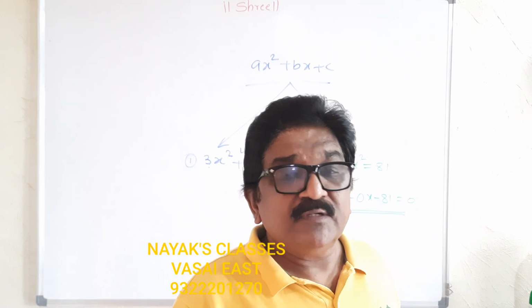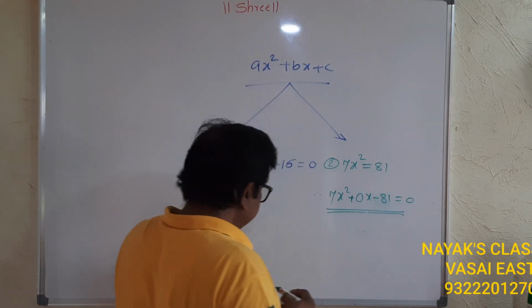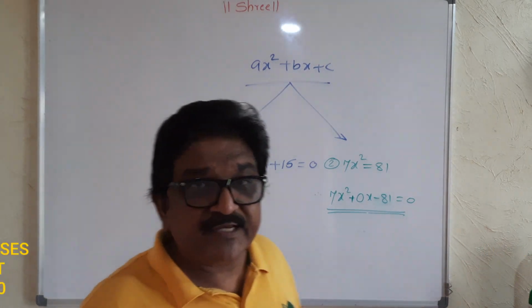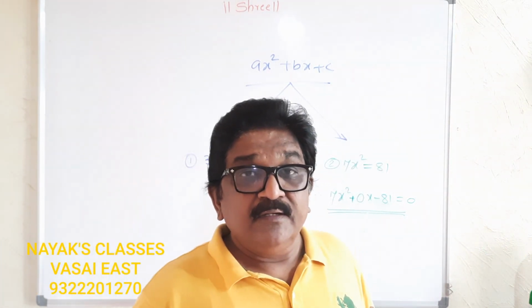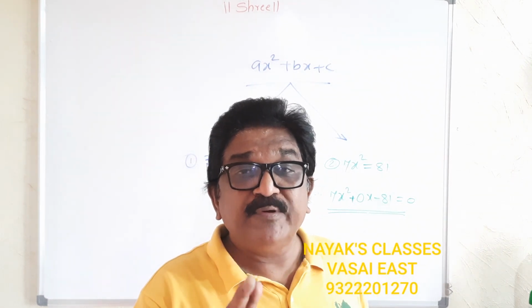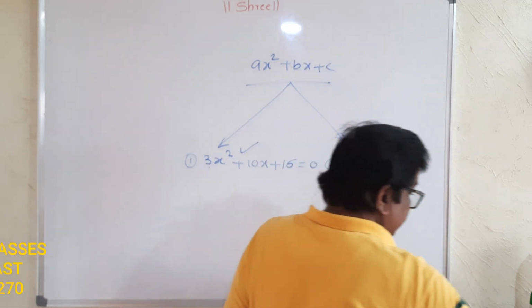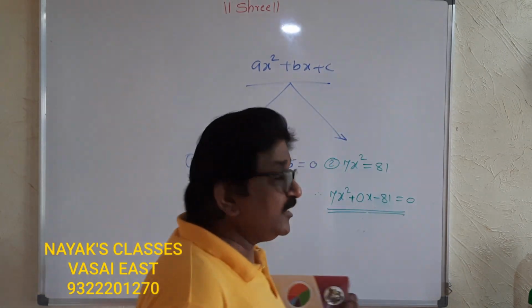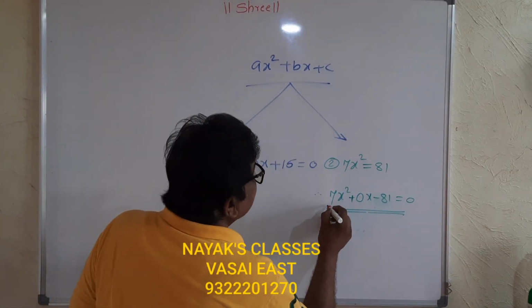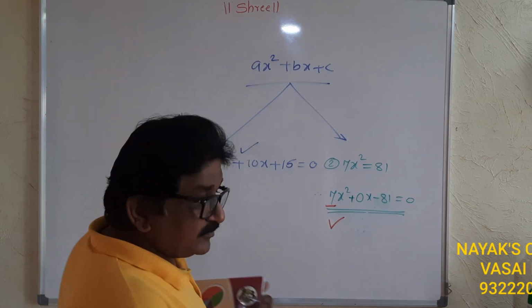Instead of that we put plus 0x, the missing term. The condition is that the coefficient of the first term should not be 0. It is not 0, so this is a quadratic equation.